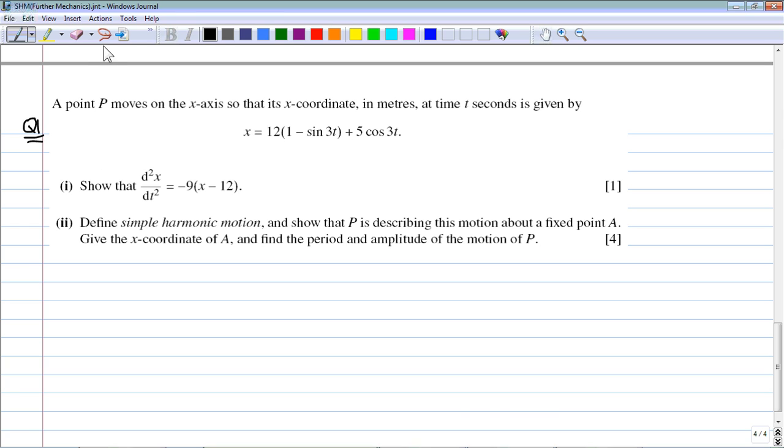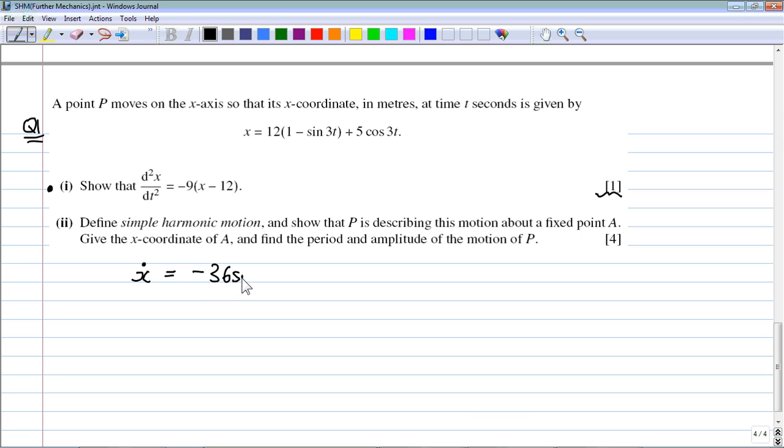So how to do this question? The first part of the question you should find very easy. It's a very straightforward point, and of course there's only one mark. All we have to do is take the derivatives. I'm going to use dot notation. X dot means dx by dt. I'll just differentiate this formula.